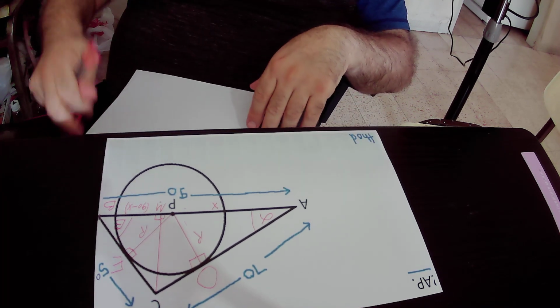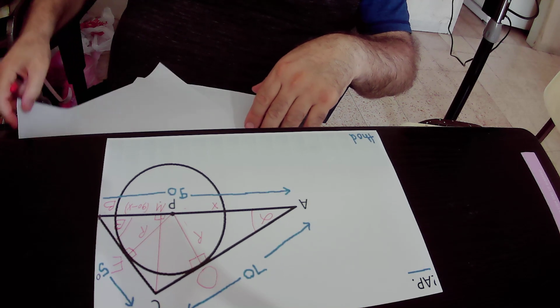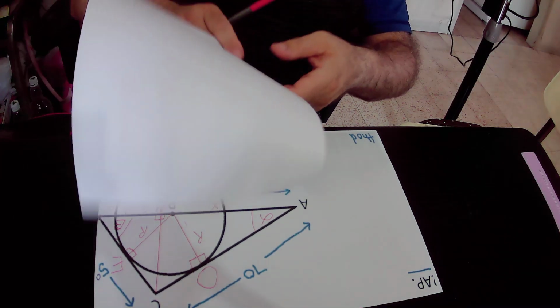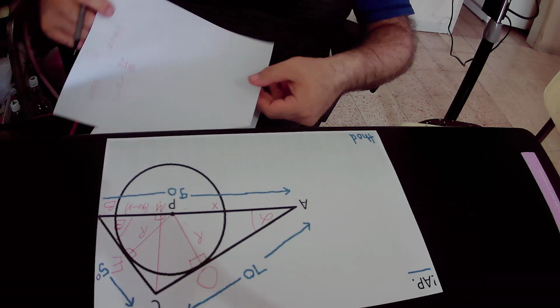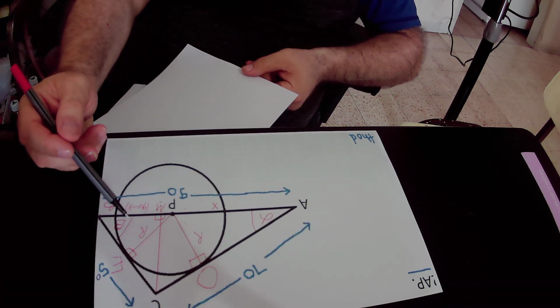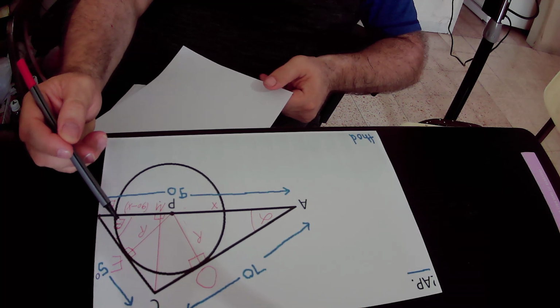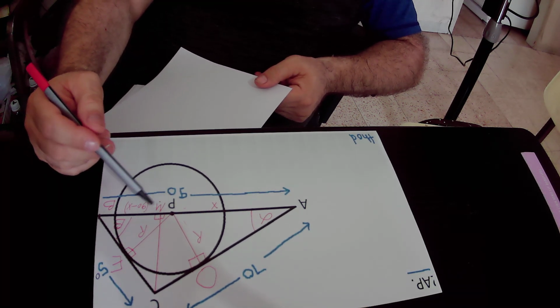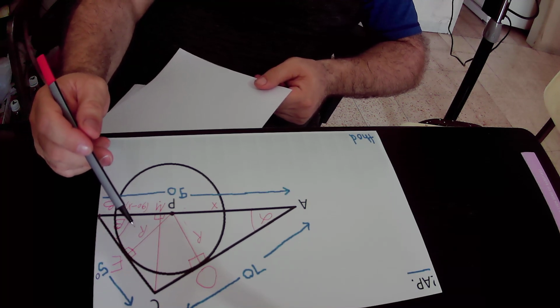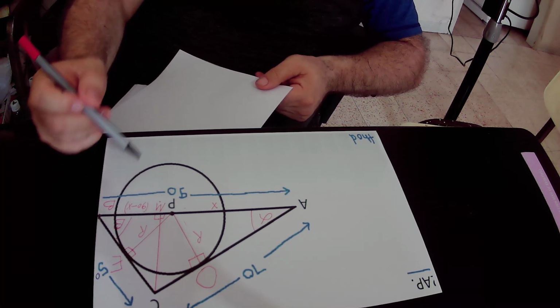So in total we got that sine beta equals EP over PB. The side that is in front of angle beta, that is to say EP, divided by the hypotenuse of this right triangle, that is to say PB.